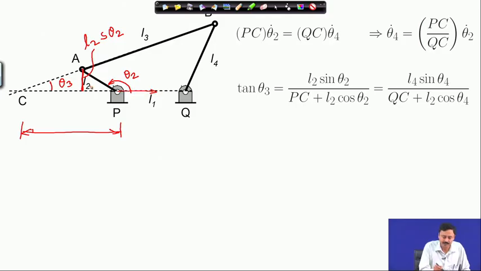Now, it happens in this case to be negative, because if theta 2 is greater than 90, automatically this takes care of the sign. So, in this particular case it will be P c minus this distance.